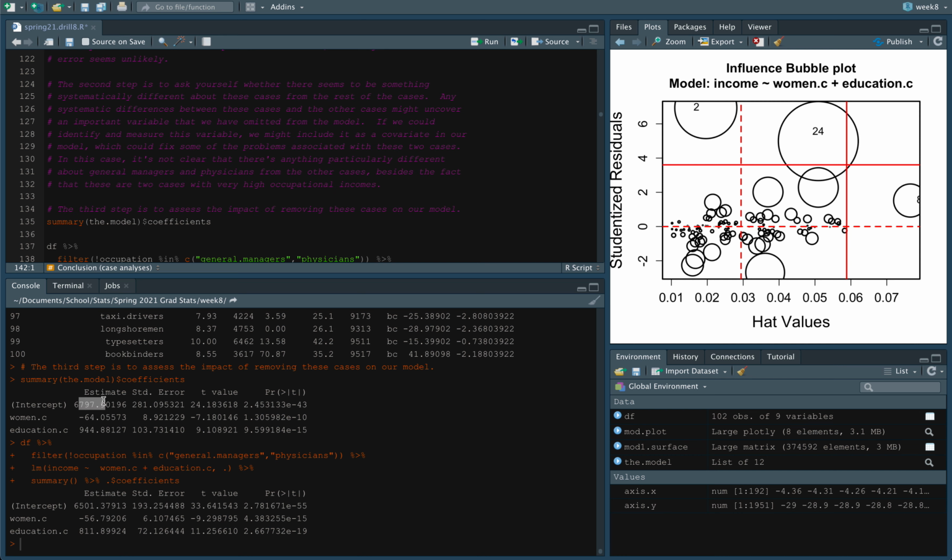It's also changed our estimates a little bit, because before, the general managers and the physicians had very large incomes, and so the overall average was affected with general managers and physicians in the model.